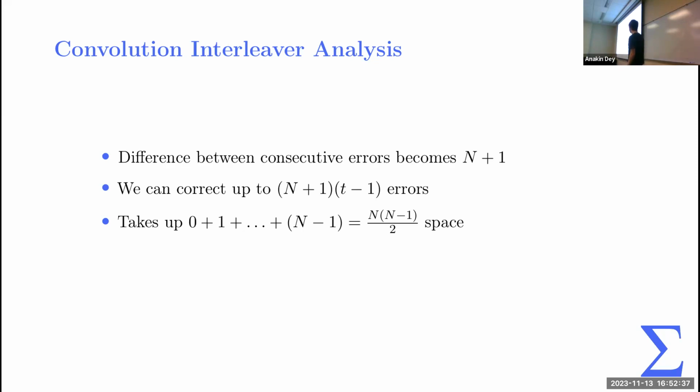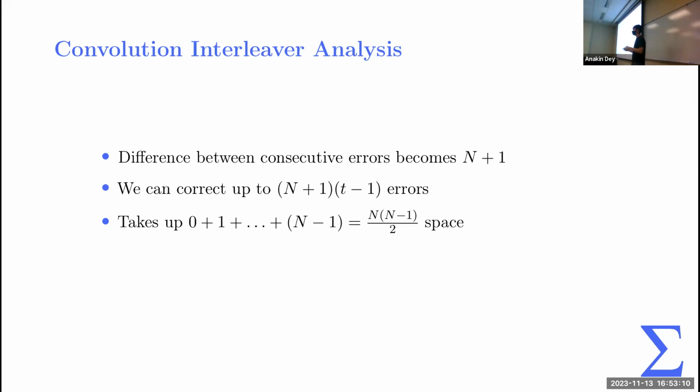So we can correct up to (n+1) times (t minus 1) errors. It's a bit more intuitive to think it's (n+1) times t. It's actually t minus 1 because if words start shifted in, then you can get more errors than you want in a word if you multiply by t. It's a fun derivation that we don't necessarily have time for.